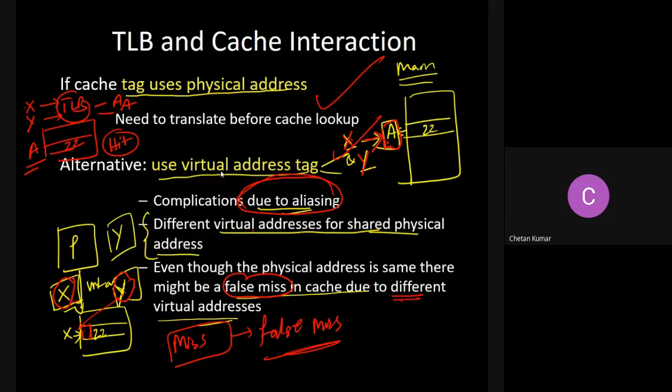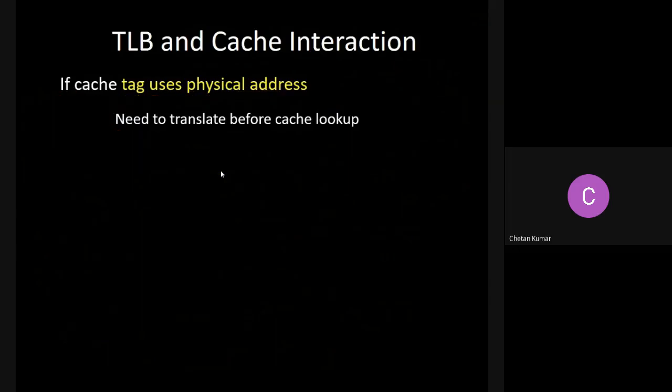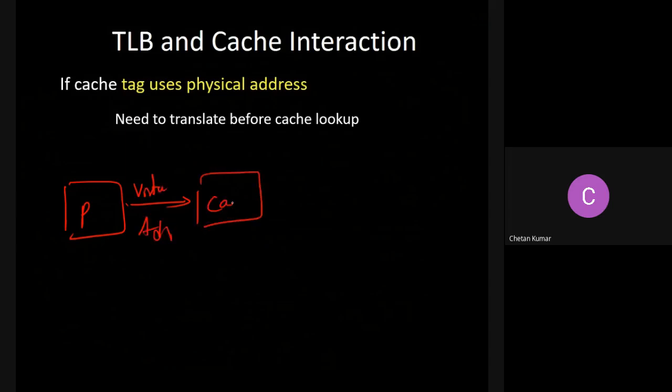There will be a slight change in the configuration. If I want to show the configuration for this, there will be a processor. You will send a virtual address, and it will access the cache. If there is a cache hit, you don't worry, you send the data directly.